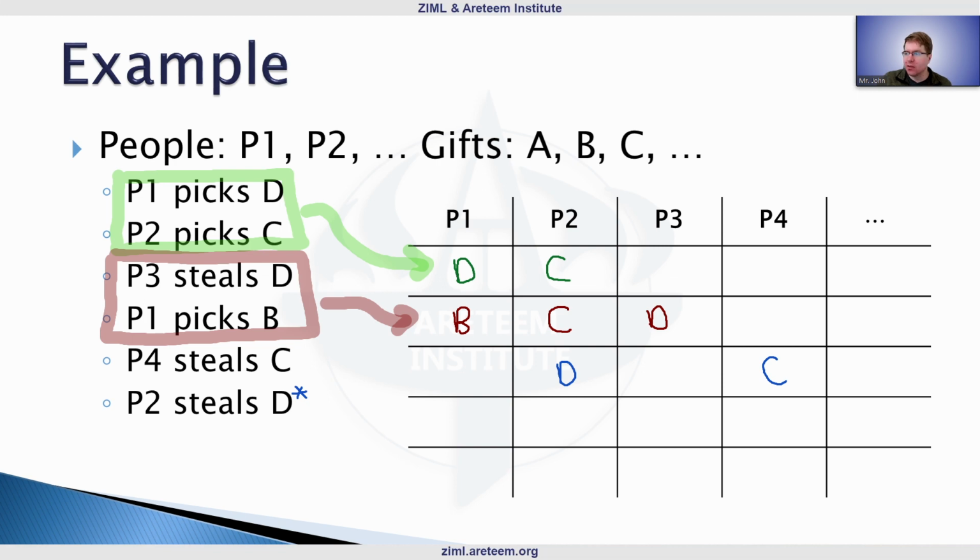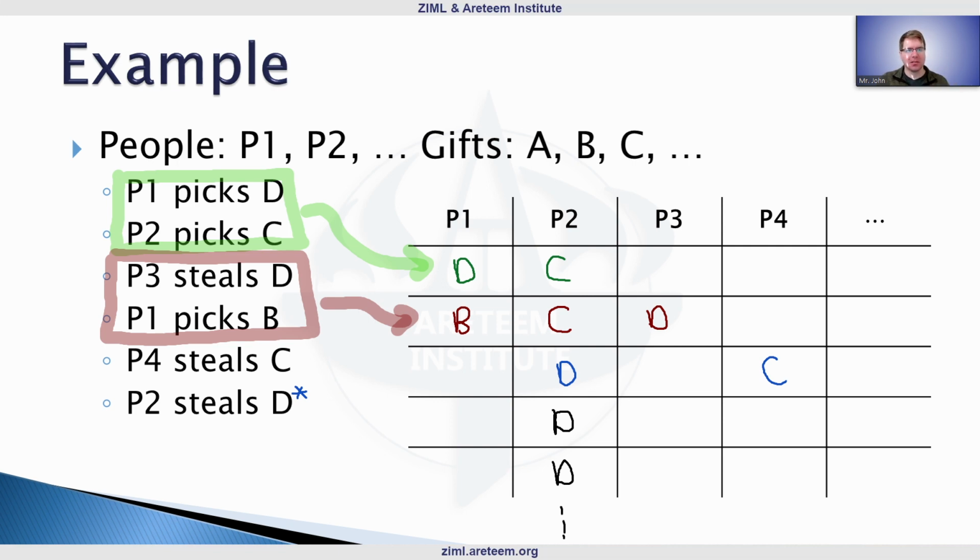So in fact, we would know here that D is actually locked. Even if we're not going to fill in these rows, P2 now has gift D forever. That one is locked, and you would never have to deal with that again.